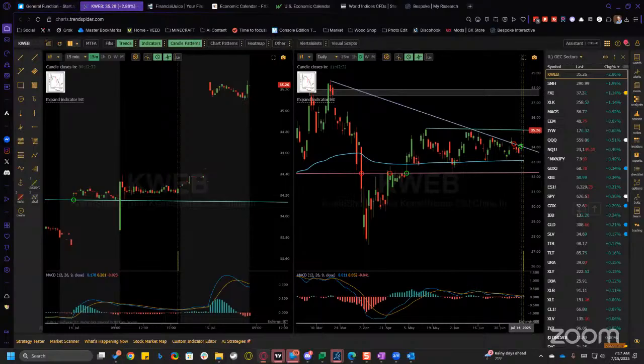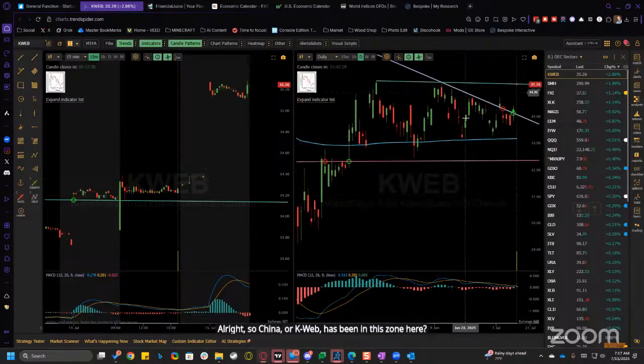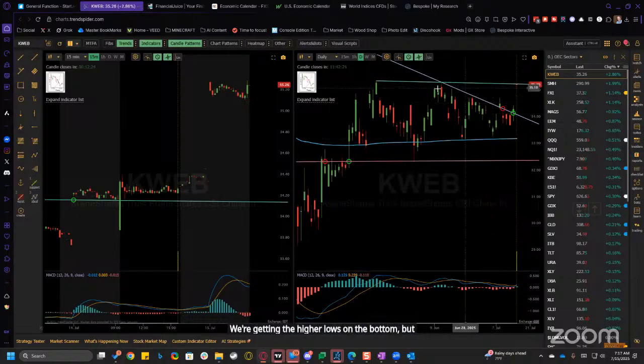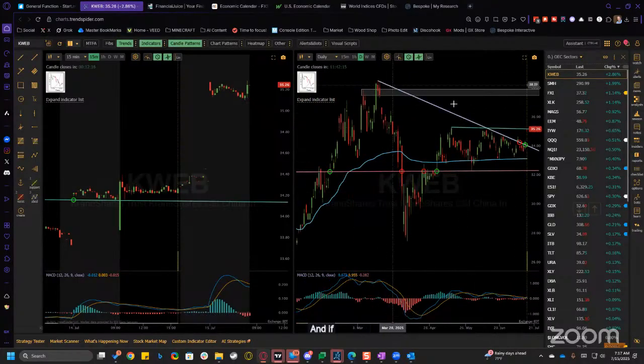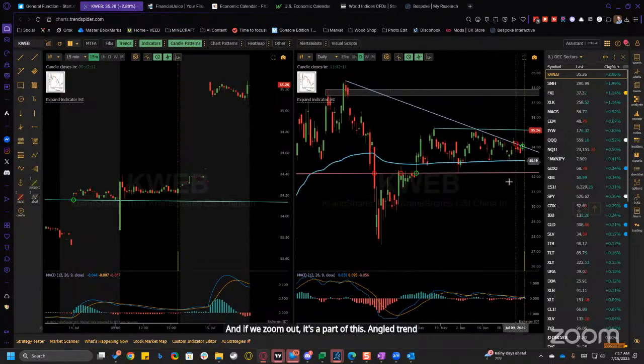All right, so China, or KWeb, has been in this zone here. We're getting the higher lows on the bottom, but really capped off since the June 11 top. And if we zoom out, it's part of this angled trend line. We're testing a breakover.